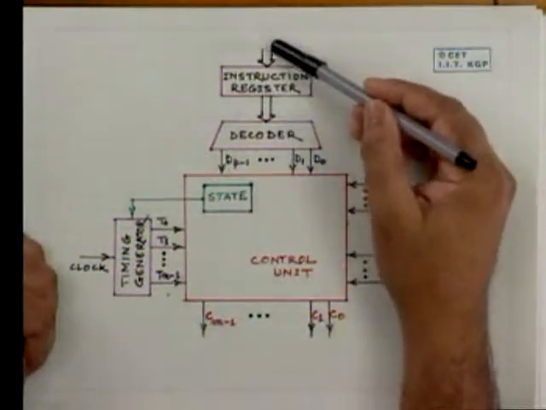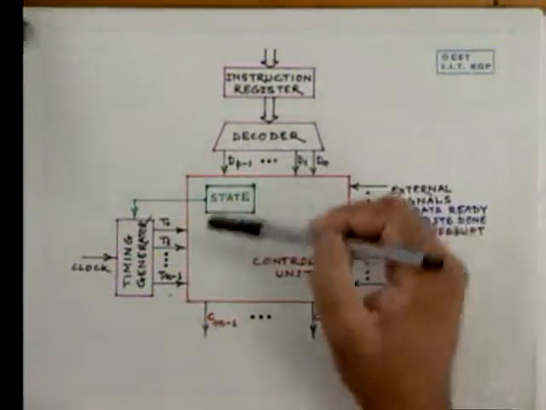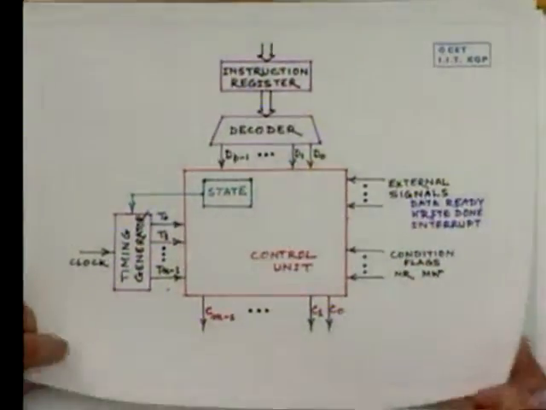The output of the instruction register comes to a decoder. Let us see what we mean by a decoder.